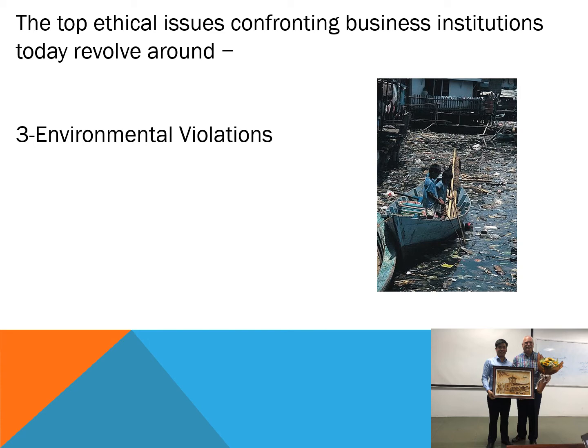The top ethical issues confronting business institutions today revolve around number three, environmental violations. You can see here where a lot of stuff has been dumped in this waterway, lots of trash, sewage. I've worked for companies where they had to strictly follow environmental rules, and sometimes even after they followed the rules, the government would still come back and fine them and say that they didn't follow them close enough.